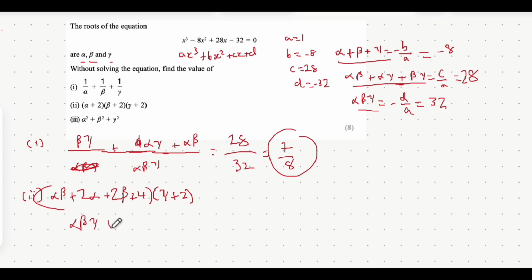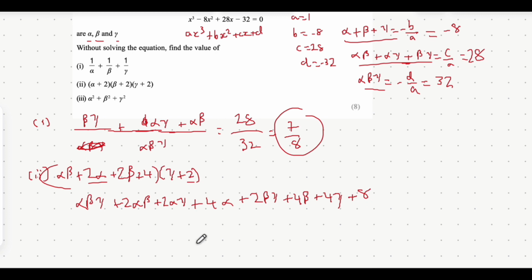Alpha beta times 2 is 2 alpha beta. 2 alpha times gamma is 2 alpha gamma. Oh sorry, I forgot this times this, so 2 alpha times 2 is plus 4 alpha. 2 beta times gamma, so it is a bit long, but it's just the same process repeated. 4 times gamma is 4 gamma. And lastly, 4 times 2 is equal to 8.